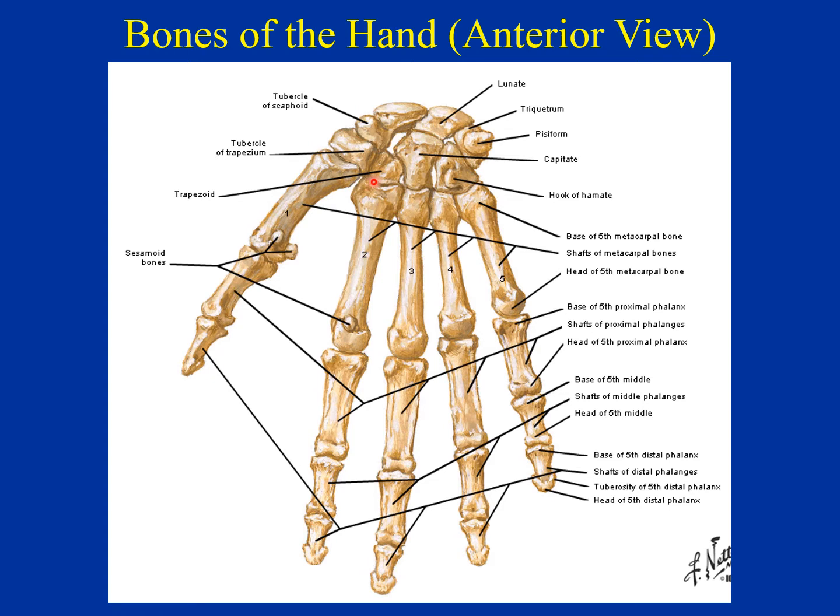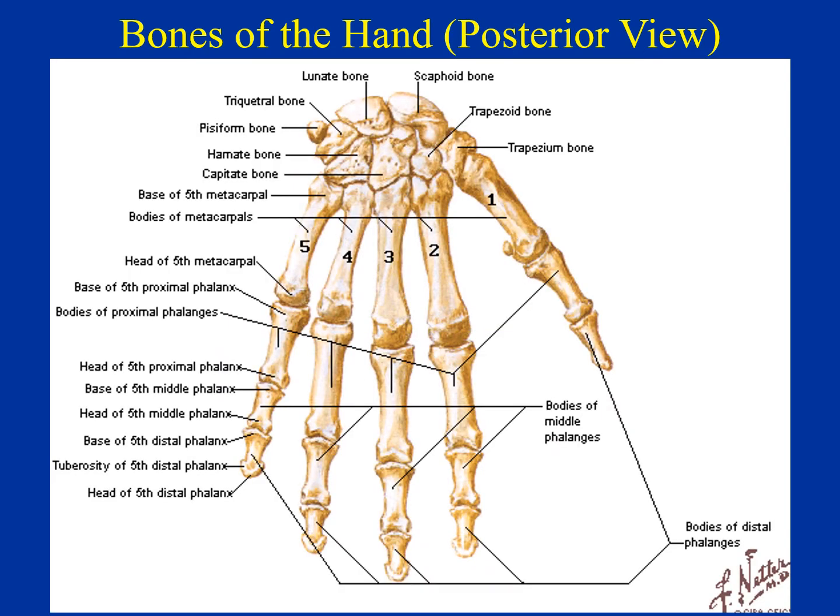Then the metacarpal bones unite with the proximal phalanges and form metacarpophalangeal joints, which are condylar type of joints, and then interphalangeal joints between the phalanges. These are hinge type of joints. This is the palmar, and this is the dorsal aspect of the bones of the hand.